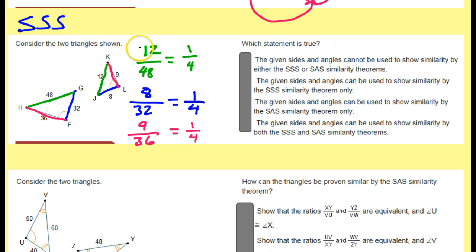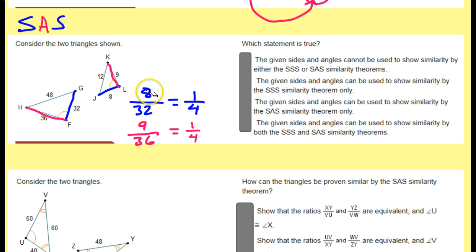What about side, angle, side? Well, if we were going to do side, angle, side, then we'd need a congruent angle. So that could work. Since all the sides are proportional, we could just as easily have done the pink side and the blue side, because those are the sides that have the angle in the middle.